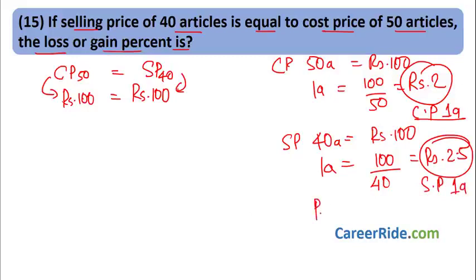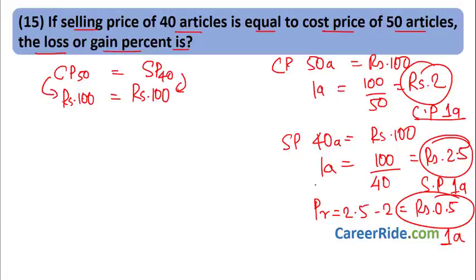What is the profit for each article? Selling price 2.5 minus the cost price, that is rupees 0.5 is the profit for one article. So that means since selling price is more, we have profit. Had the selling price been less, we would have taken out loss. Now profit is rupees 0.5 per article.